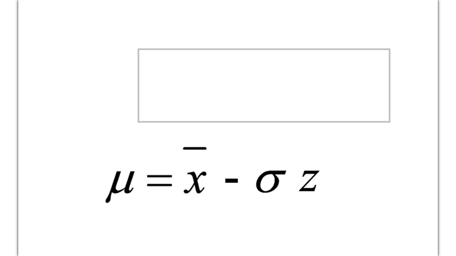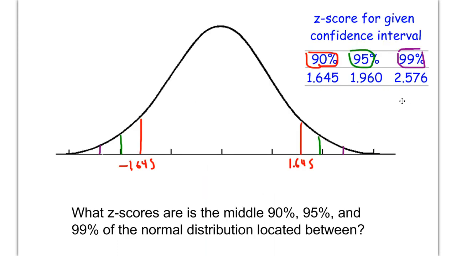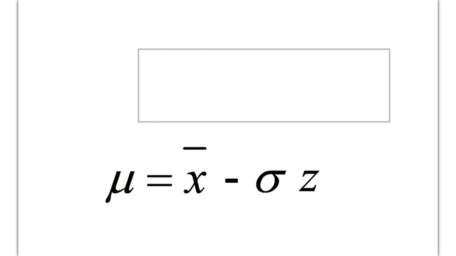On the previous slide we looked at the z-scores that find the middle 90, 95, and 99%, which we called z-star. So let's call that z-star here too.